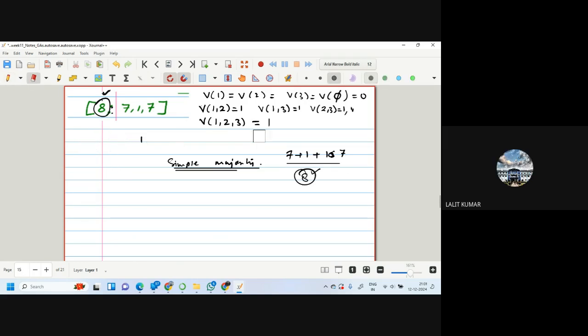So in all the cases, if it is greater than or equal to the cutoff, then it is 1. If it is not, then it is 0. So in this case also, to find your index or the Shapley value, you do the same. You do the marginal contribution, 1, 2, 3.